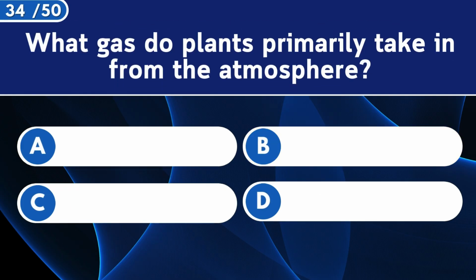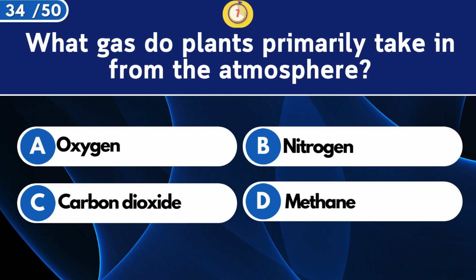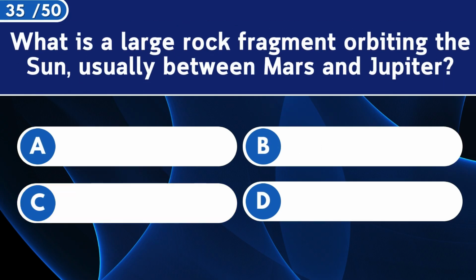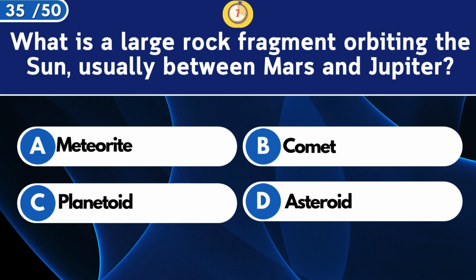What gas do plants primarily take in from the atmosphere? Carbon dioxide. What is a large rock fragment orbiting the Sun, usually between Mars and Jupiter?